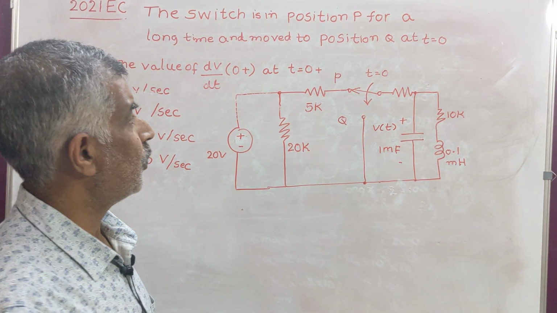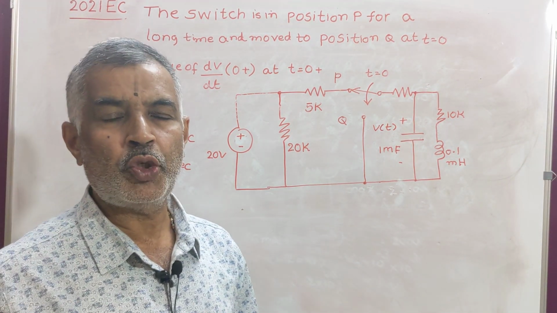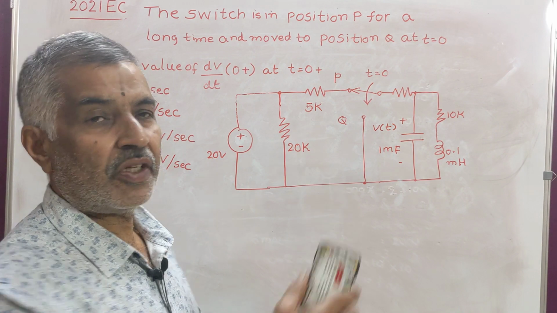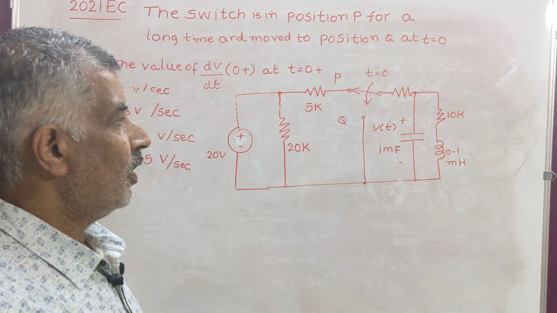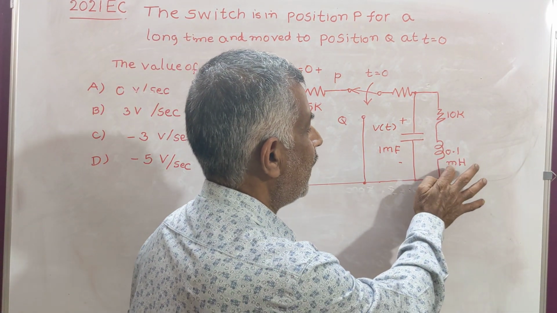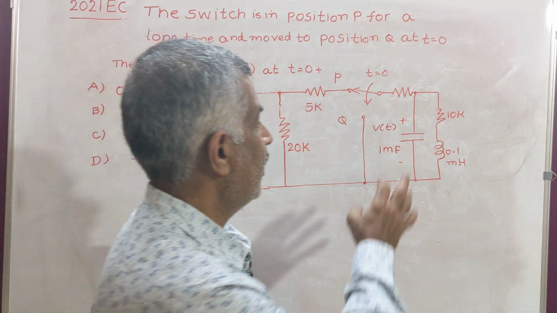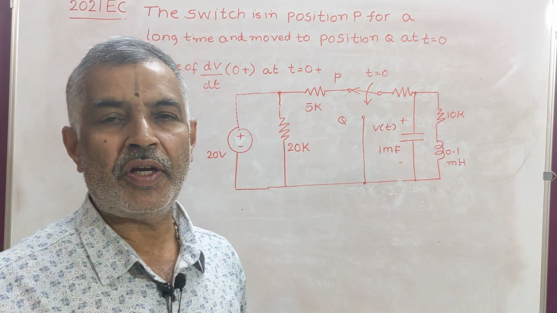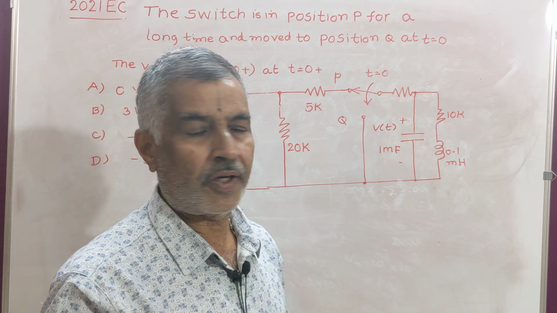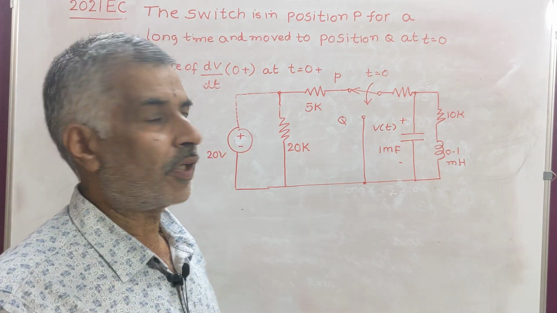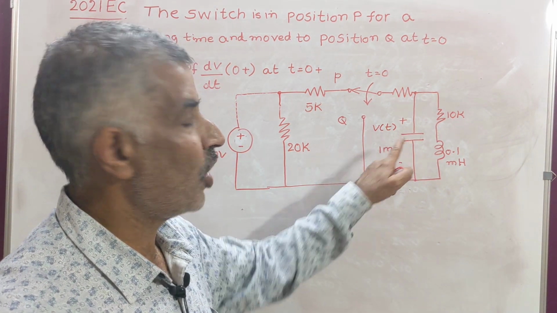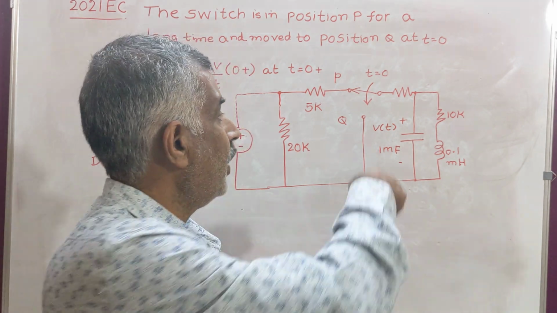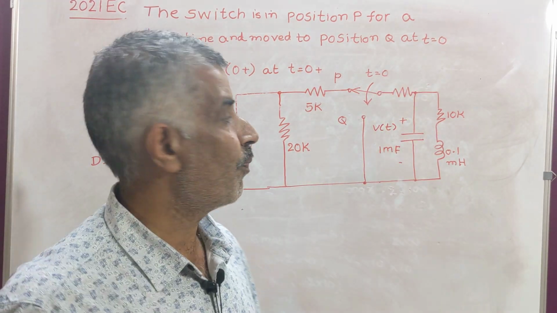Now what you are supposed to do first is, first you have to assume that the switch is in position P for a long time. Then what happens? Inductor will carry some current. Capacitor will have some voltage on its plates. You have to find out that. Once the capacitor is charged to that voltage, then the current through that capacitor becomes 0.